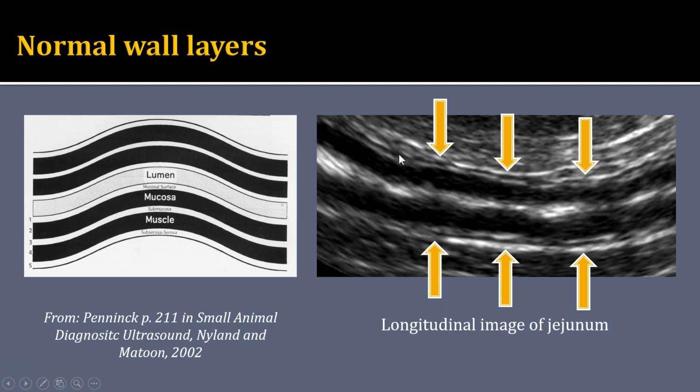That is followed by a very thin hypoechoic band, which is the muscularis. And then the very outer area is a thin hyperechoic line, which is the serosa. And you can see that that is repeated on the other side. And in longitudinal axis, this looks like bacon strips to me. So that's how you might recognize your intestine.